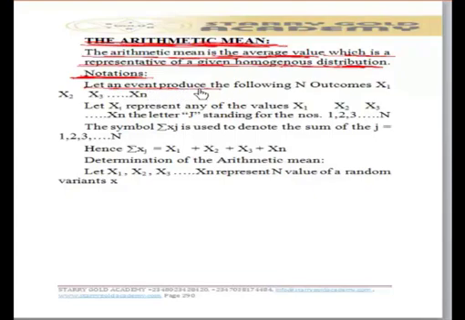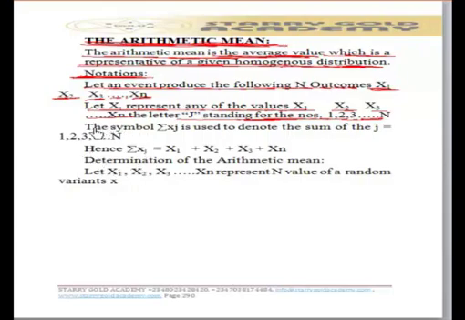So let an event produce the following n outcomes. Let's say we have x1, x2, x3, x4, x5, up to xn. So the xi represents any of the values such as x1, x2, x3, up to xn, and the letter j we have here is also standing for the numbers, which can also begin from 1, 2, 3, 4, 5 to n.